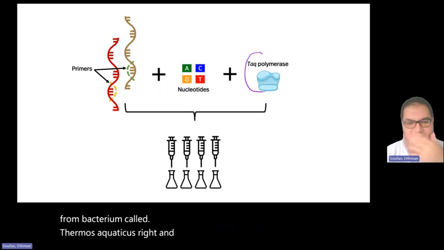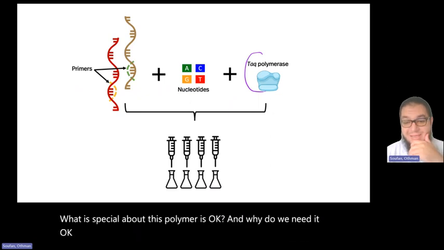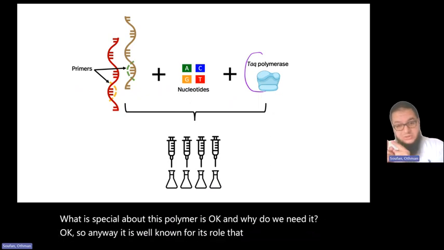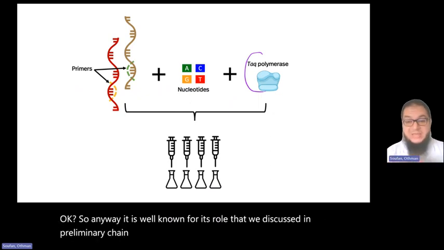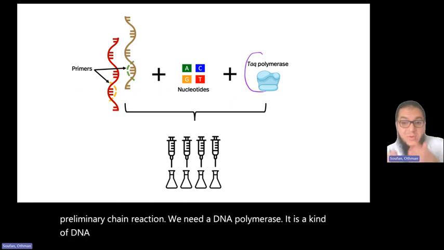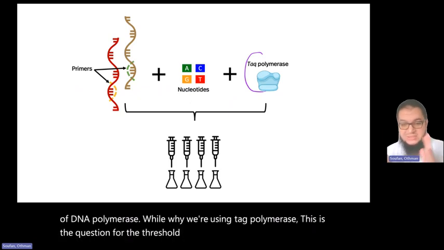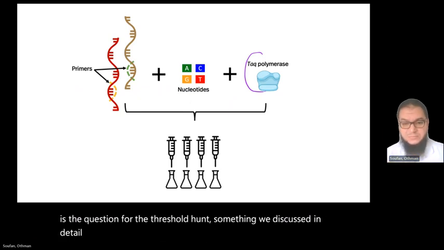And what is special about this polymerase, and why do we need it? It is well known for its role that we discussed in polymerase chain reaction. We need a DNA polymerase. Why are we using Taq polymerase? This is the question for the treasure hunt, something we discussed in detail earlier.